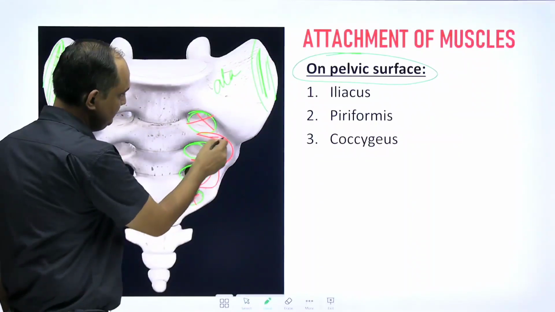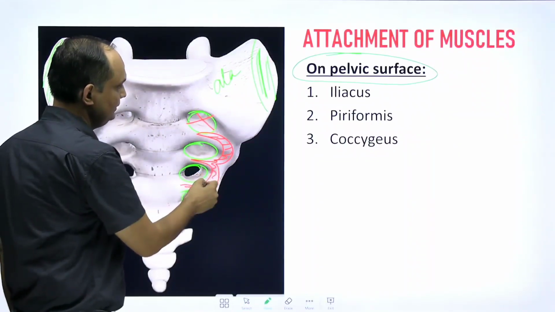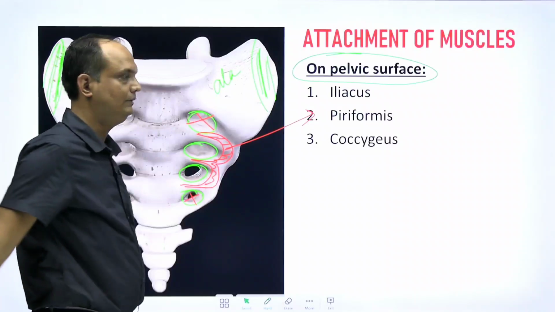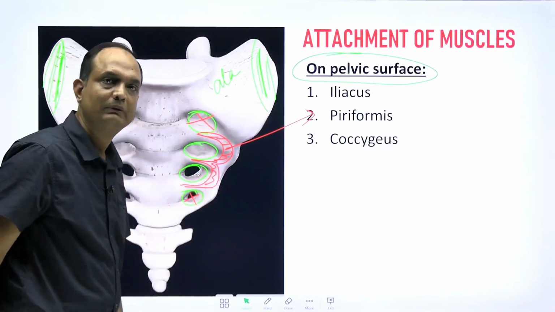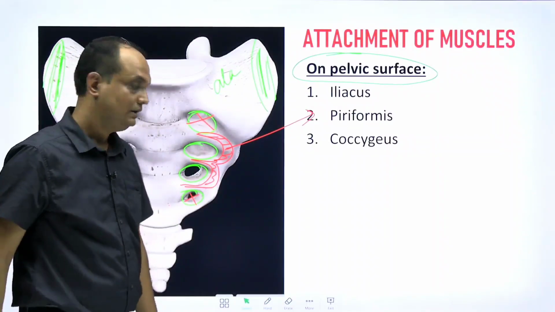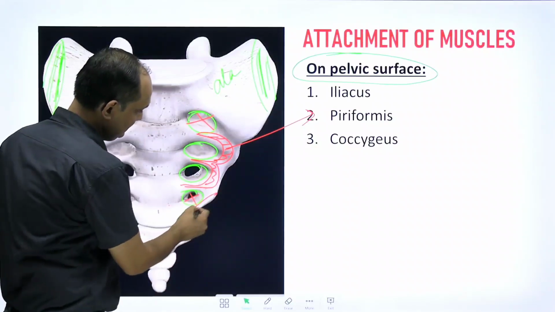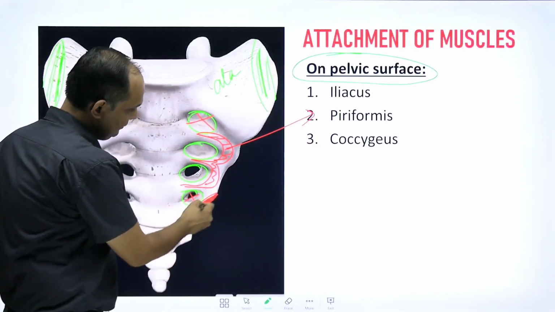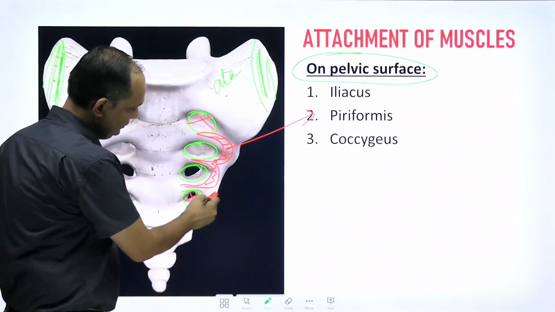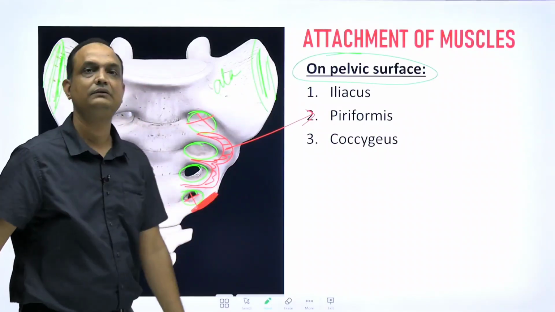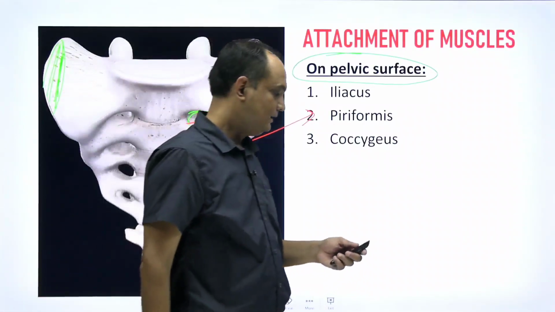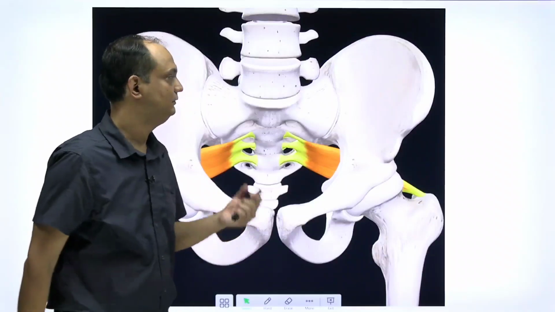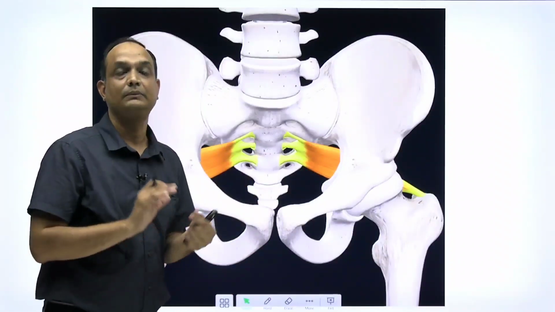This E-shaped origin is for the piriformis. One more muscle is the coccygeus, which comes near or adjacent to the fourth ventral sacral foramen. Clear? Now we will see the appearance of the muscles one by one.